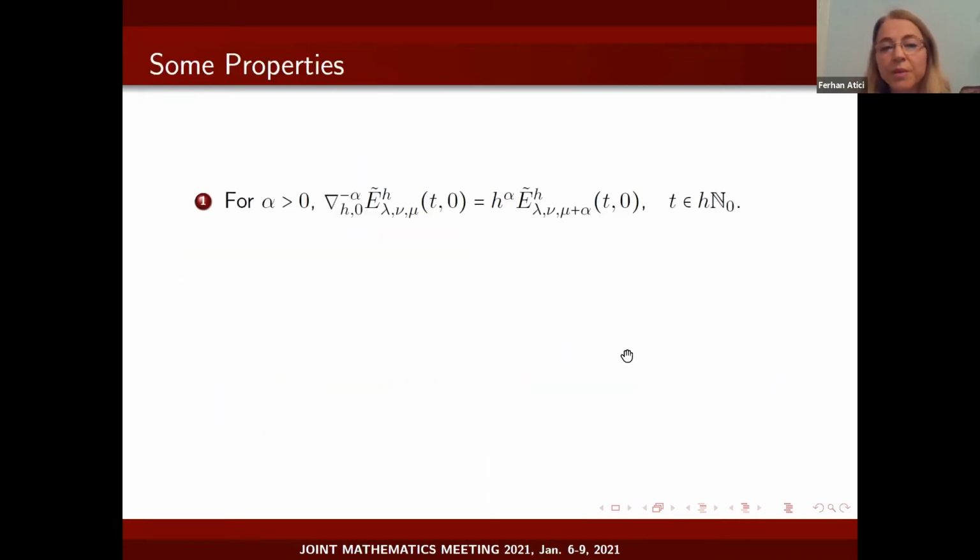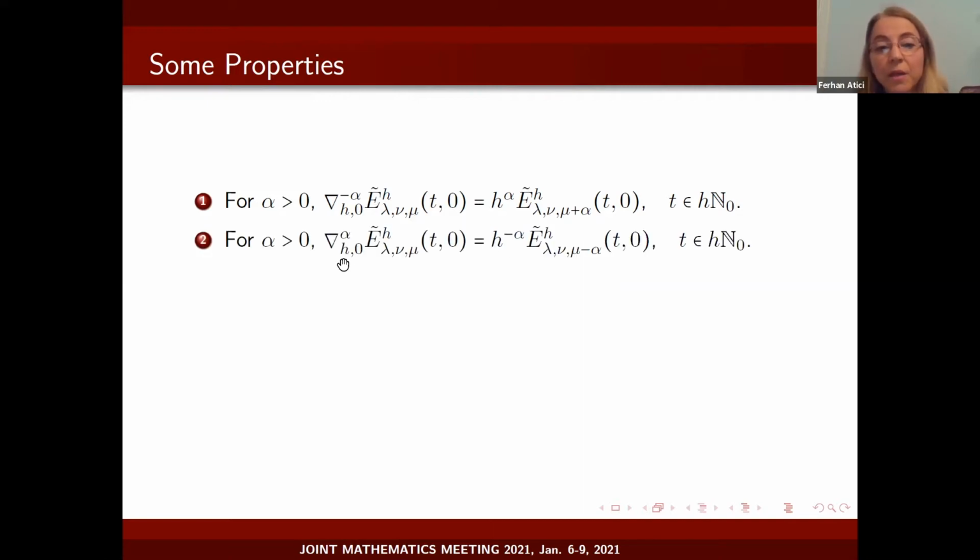I would like to continue by telling you some properties of this Mittag-Leffler type function. The first property is about the fractional sum operator. We are applying the alpha fractional sum operator to this Mittag-Leffler function, and I want you to look at how the indices change when we do this. Then we apply the alpha fractional h difference operator to this Mittag-Leffler function, and please watch what happens to the indices.